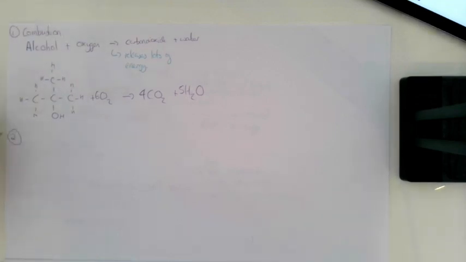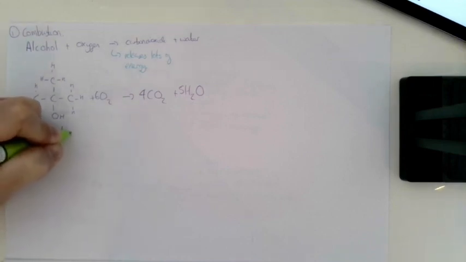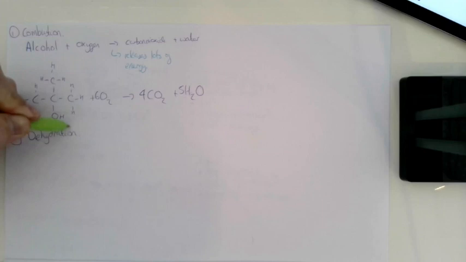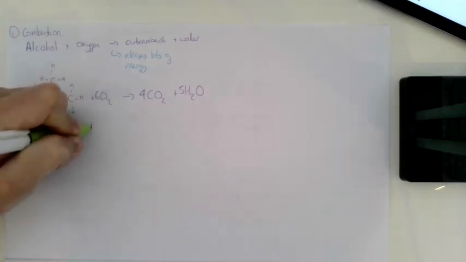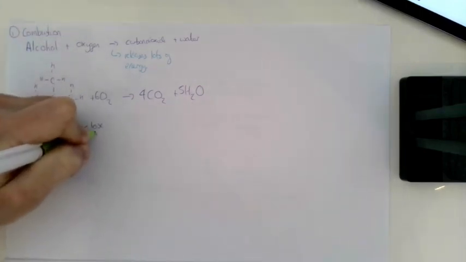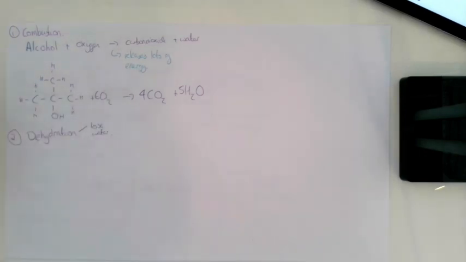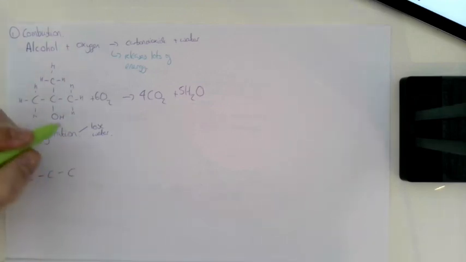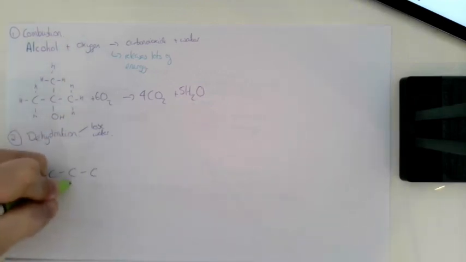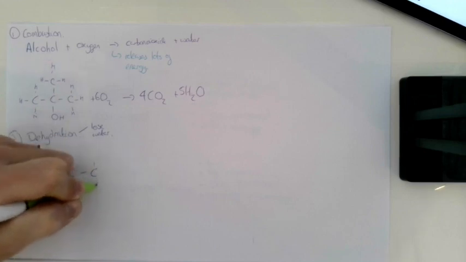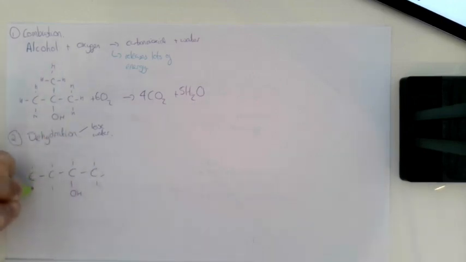Second type of reaction is called dehydration. So think about, if you become dehydrated, you lose water. So at some point in this reaction, water is going to be lost. Let's do butan-2-ol as an example of an alcohol.